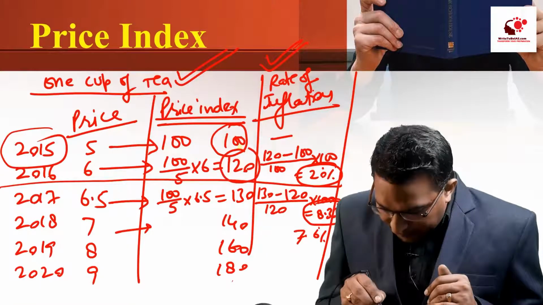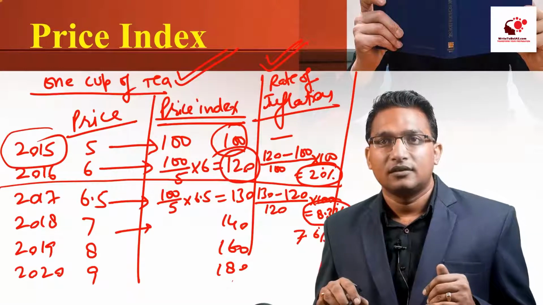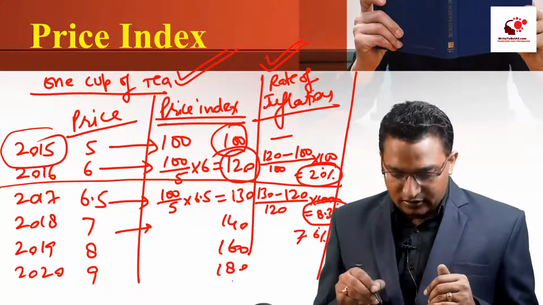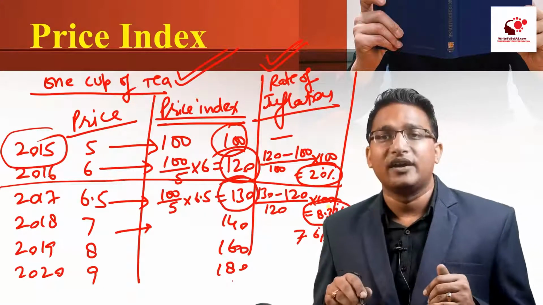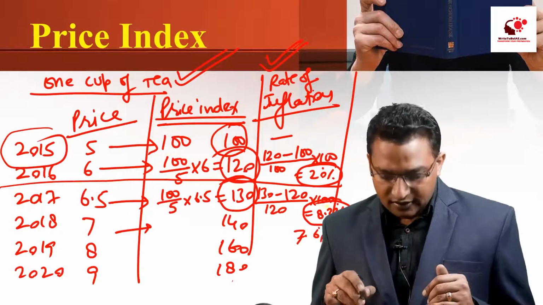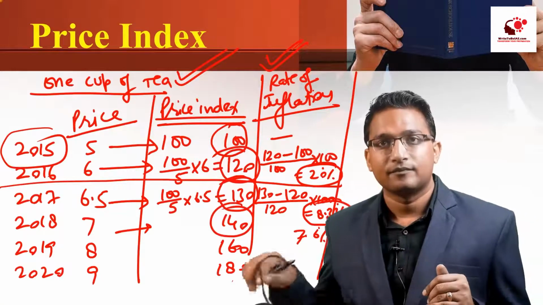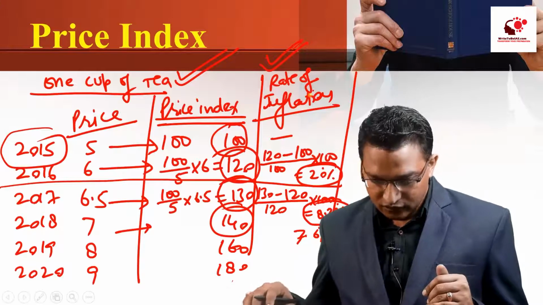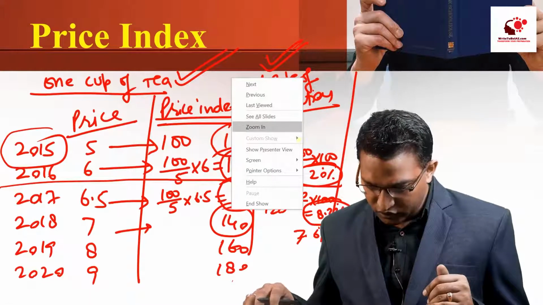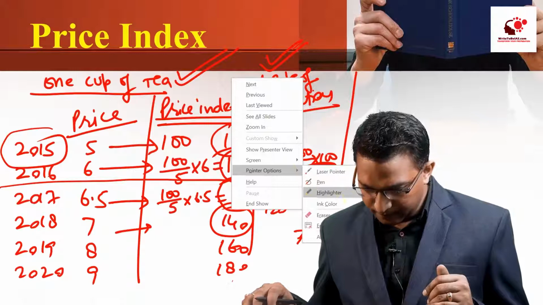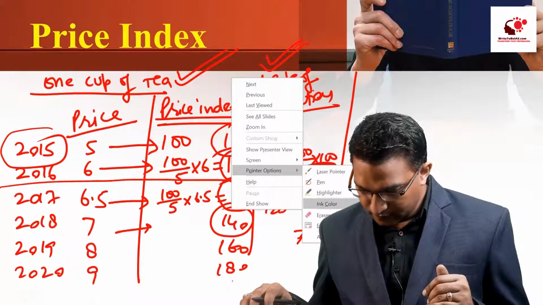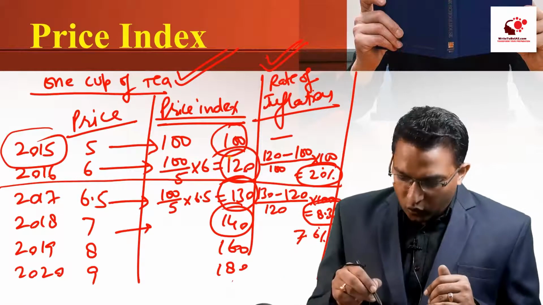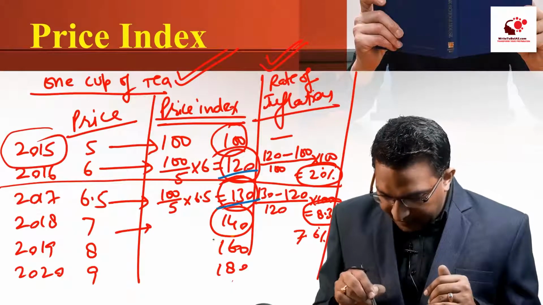So here the price index was 120. Then it became 130. Then it became 140, right? So let me change the color of pointer so that the things are much more clear to you. Okay. So 120, 130 and 140.